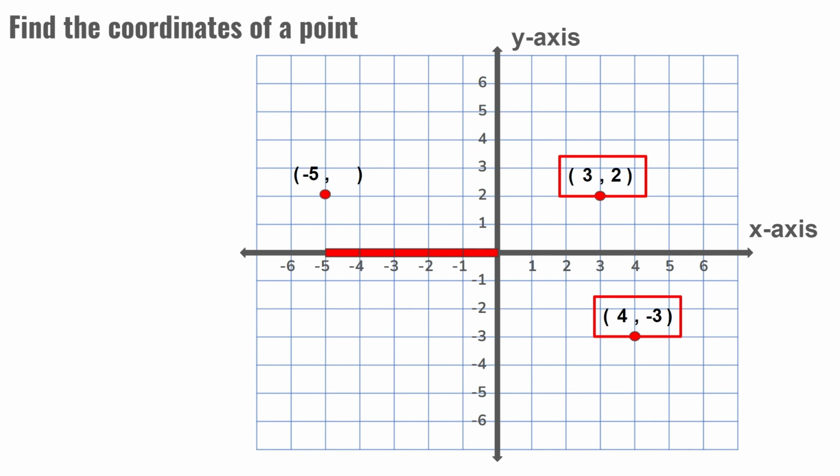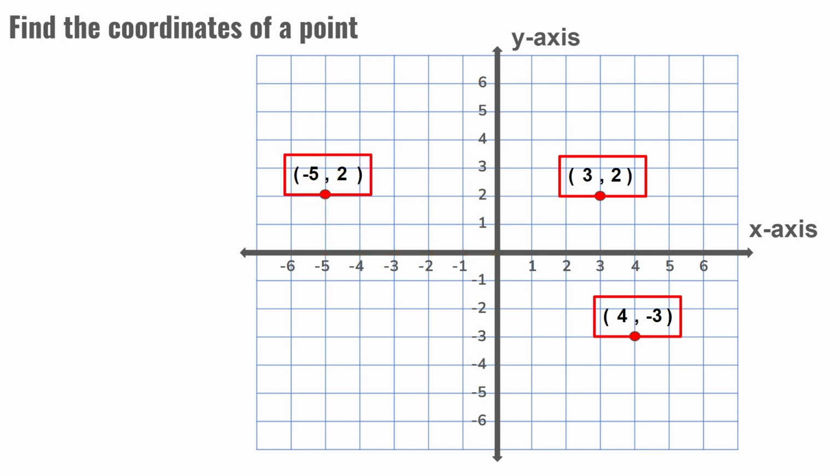And next, which direction along the y-axis should we move, and how many spaces should we move in that direction? Correct. We'll need to move 1, 2 spaces in the positive direction, which means the second number in the coordinates of the point is +2. So the coordinates of the point are -5 and +2.